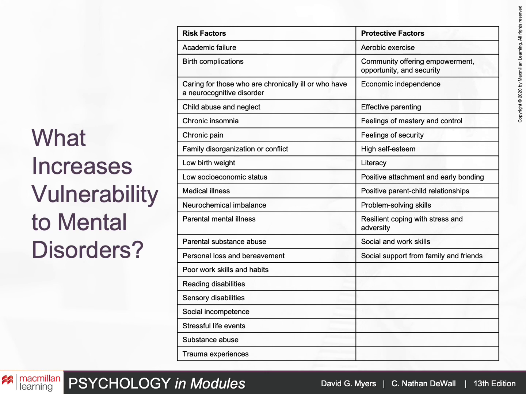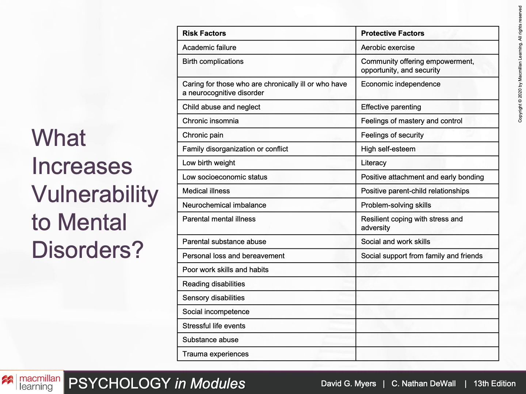Okay, so here are some of the risk factors and also the protective factors associated with mental illness. So like I said, some of the risk factors for developing a psychological disorder are things like child abuse and neglect, family disorganization or conflict, low economic status, parental mental illness or parental substance abuse.